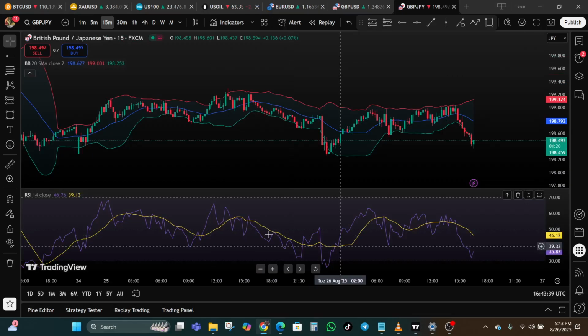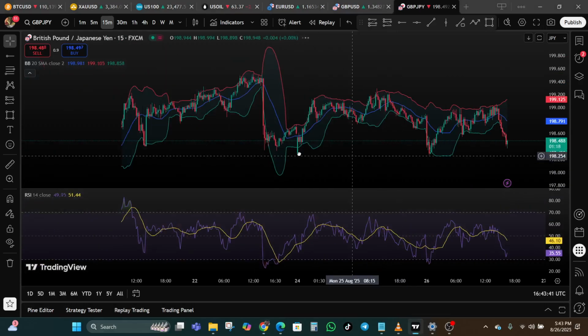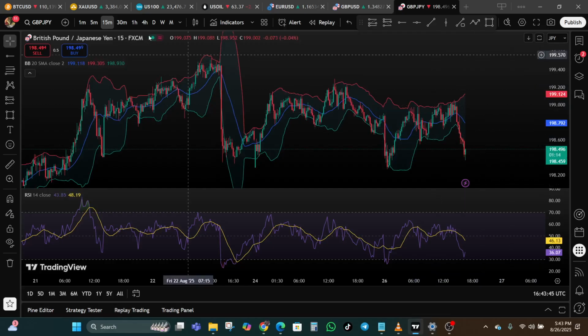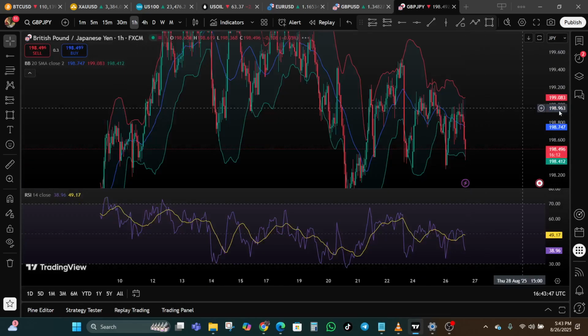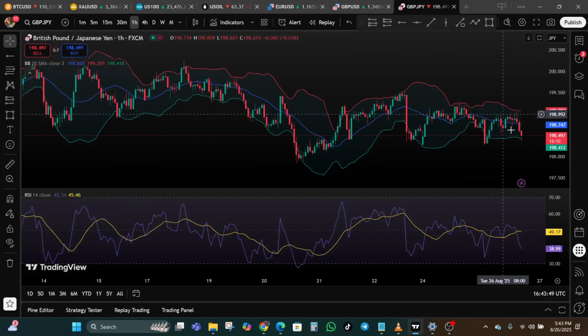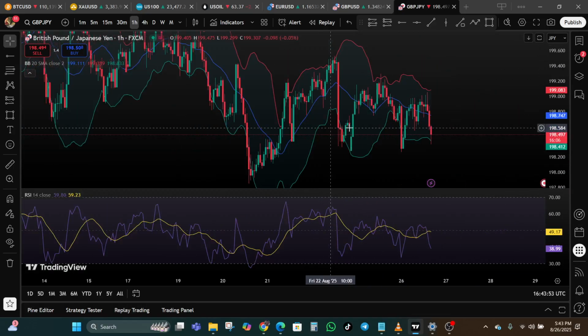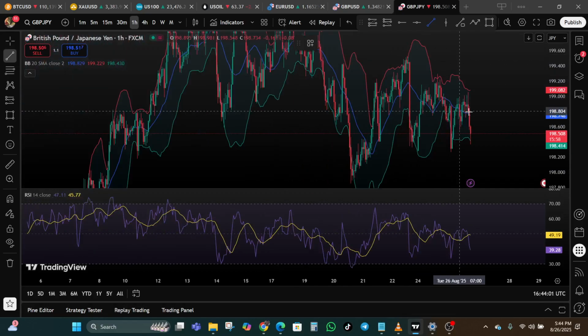So we have our RSI here, and sorry for the network interruption. I have ensured that the indicators are properly loaded right now. Now I was explaining divergence.